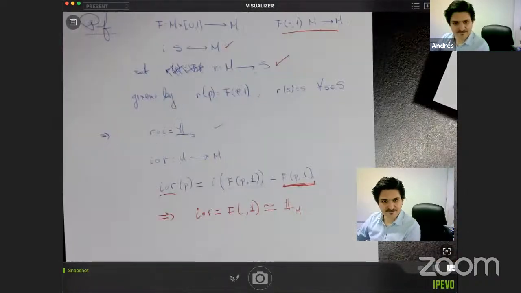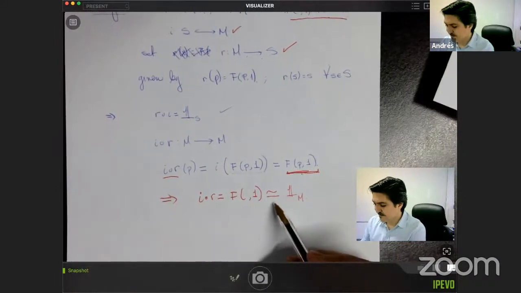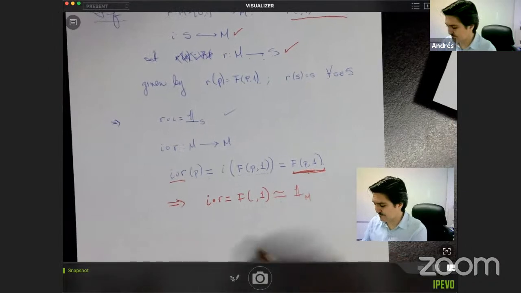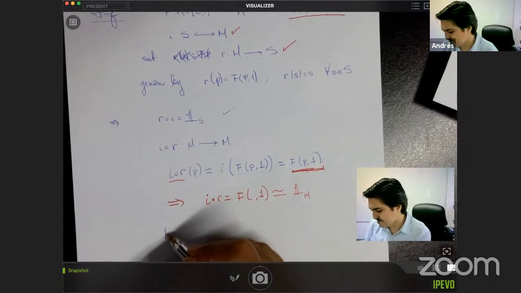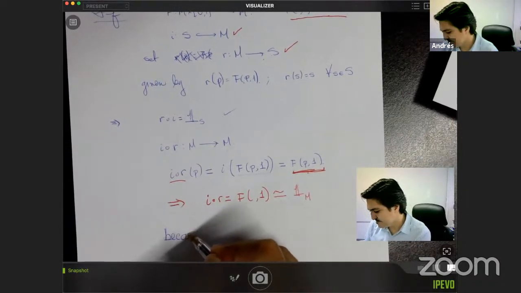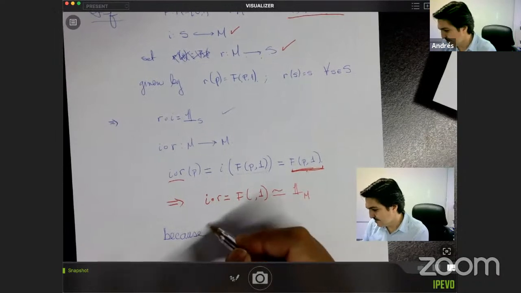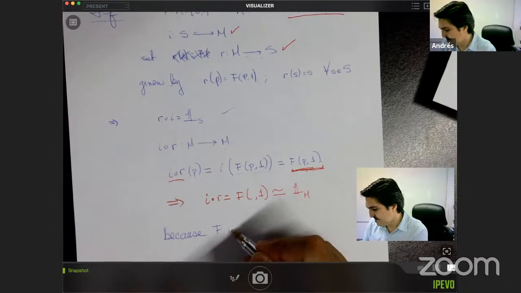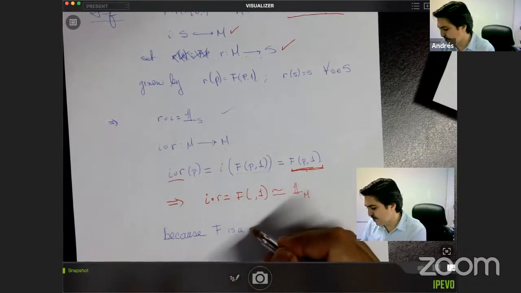So this map is homotopic to the identity because F is a deformation retraction.